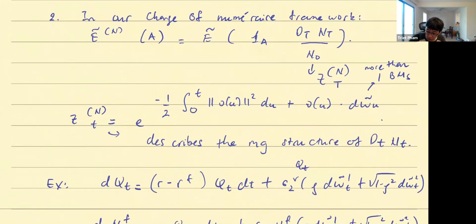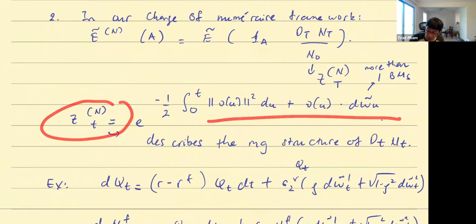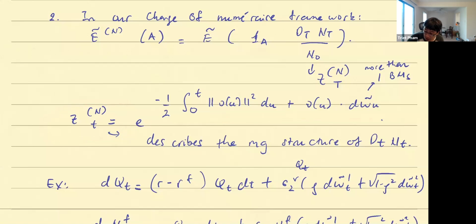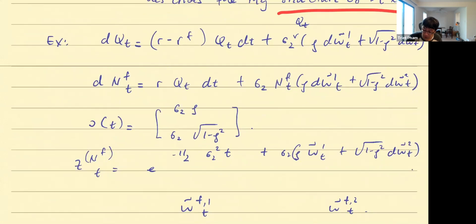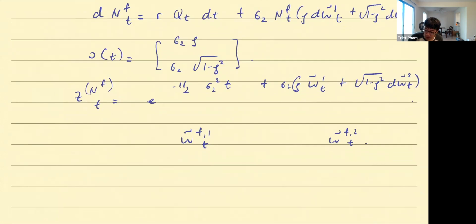So in our change of numeraire framework, we assume that our numeraire has this structure. That's what we mean here. So this is exactly the martingale structure of our numeraire. If that is true, then the result is the new Brownian motion.